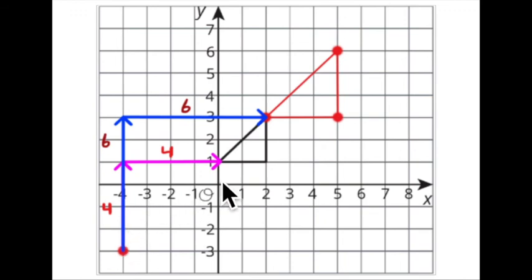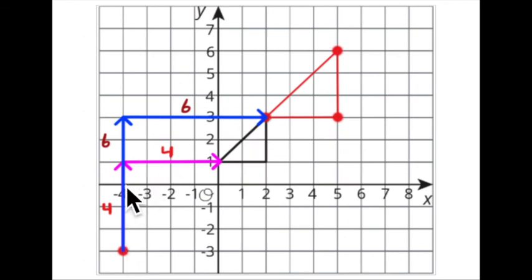So this point right here is going to be slid up to here along this horizontal line, and then it's going to be moved over 4. It's 4 units, and 3/2 of 4 is again 6 units. So it's going to be moved over from this point over to here 6 units.